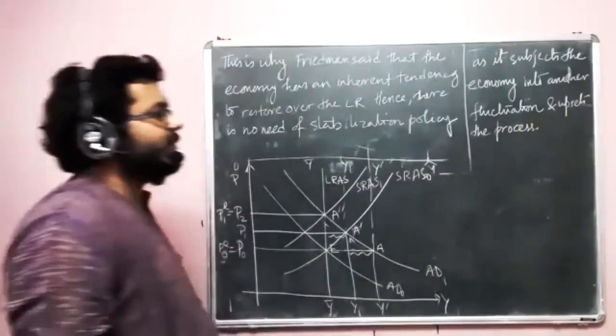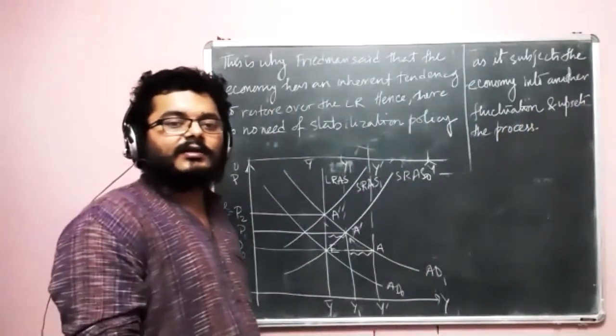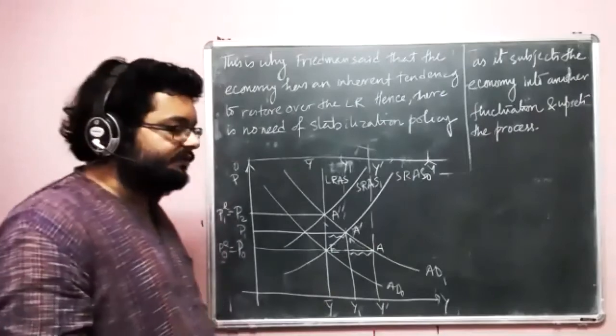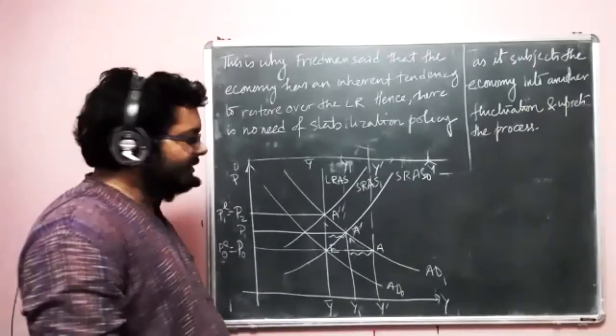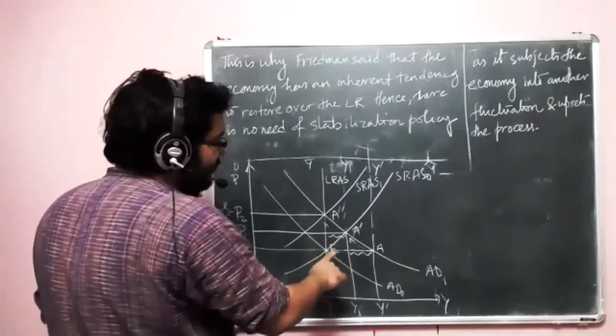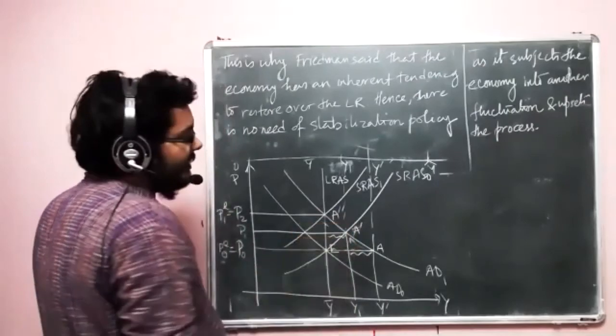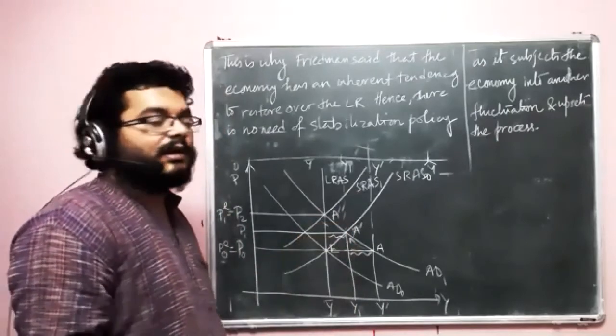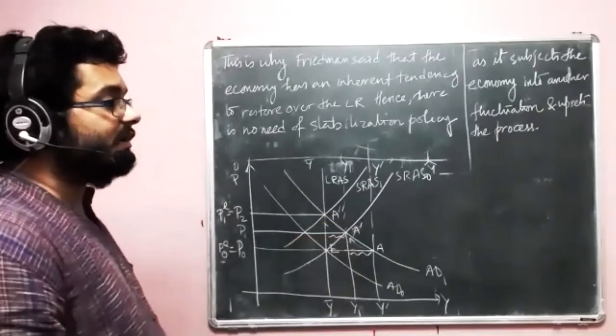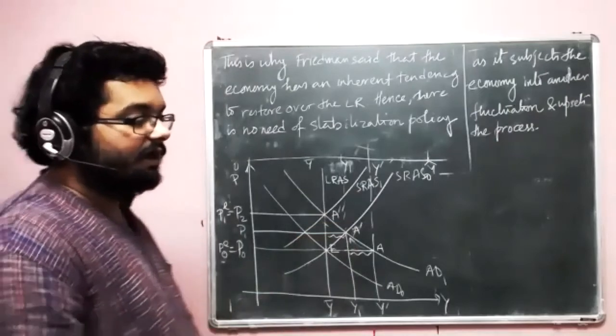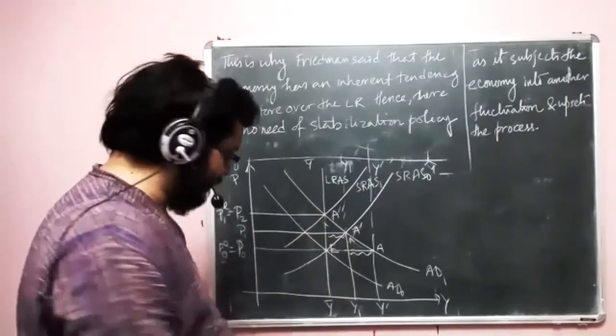So basically, if it is being restored automatically, why will someone take a policy? Because if you take the policy, then again some disturbance will occur here, and that may result in a lot of things. But Friedman pointed out something very different, connected to the policy making itself.